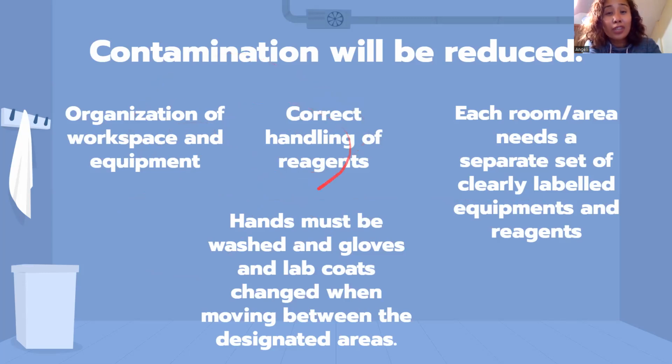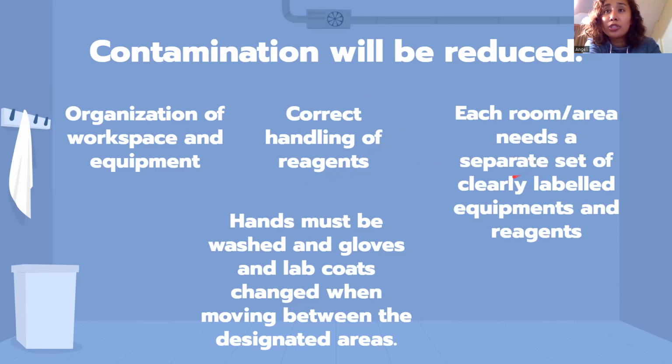So there is correct handling of reagents. If you notice, our micropipette tips have filters, because aerosols are created when we aspirate reagents, so there is a correct way of handling them. Reagents are handled in a specific area only.